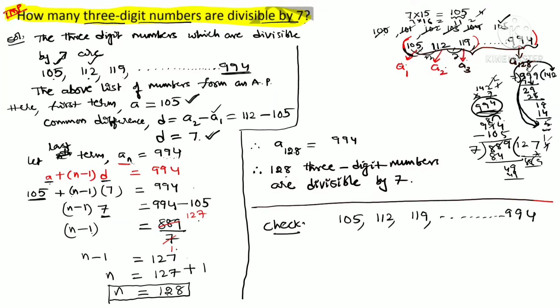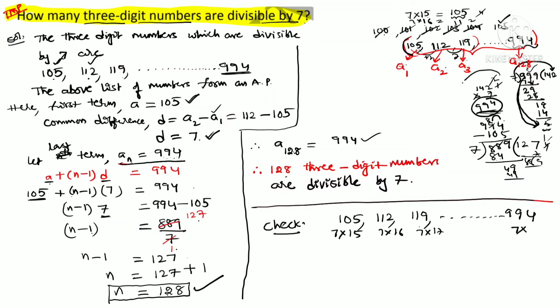This is the step from where I wrote a128. Actually, an is 994, and instead of n I substituted 128. That's why a128 is 994. So that is clear. Now, 105 is divisible by 7. This is 7 into 15, this is 7 into 16, this is 7 into 17. And can you guess, this is 7 into which number?